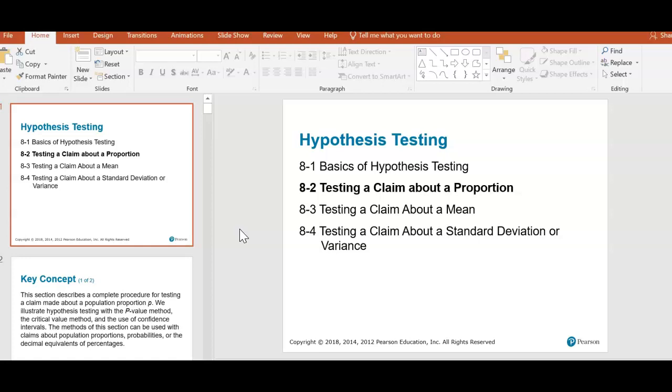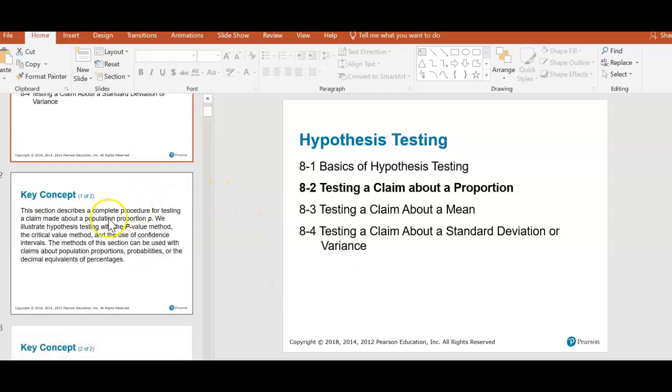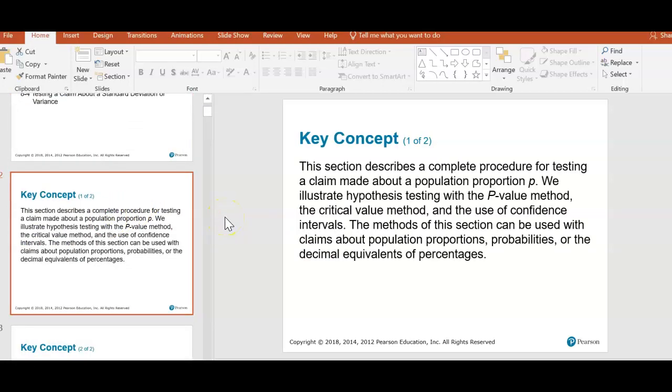So I would suggest that you go back and watch that video and/or read section 8.1 so you understand some of the terms like p-value, critical value, type 1 error, type 2 error, null hypothesis, alternate hypothesis, things like that before watching this video. Also, the first questions on the homework assignment for this week are going to be based on those terms as well.